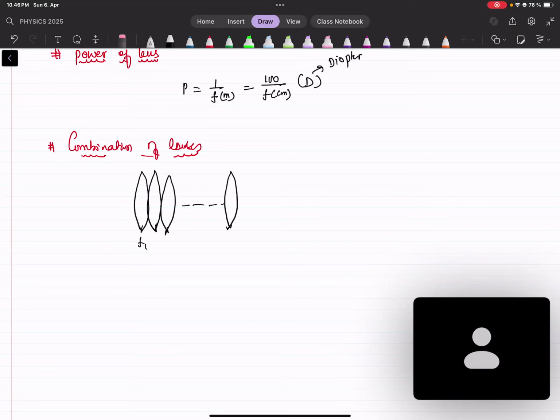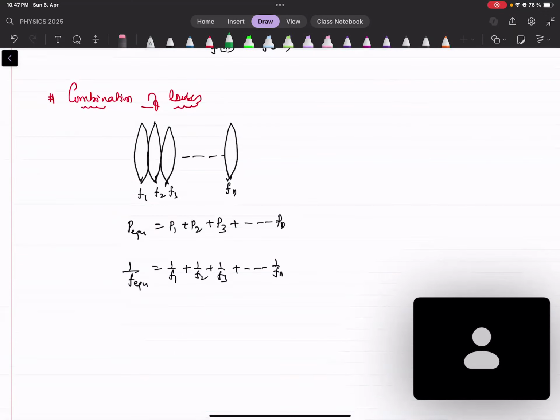Okay, this is f1, this is f2, this is f3, so on up to fn. Then the power of the equivalent lens will be equal to P1 plus P2 plus P3 plus so on up to Pn. The same way, the equivalent focal length will be 1 by f1 plus 1 by f2 plus 1 by f3 plus so on up to 1 by fn.